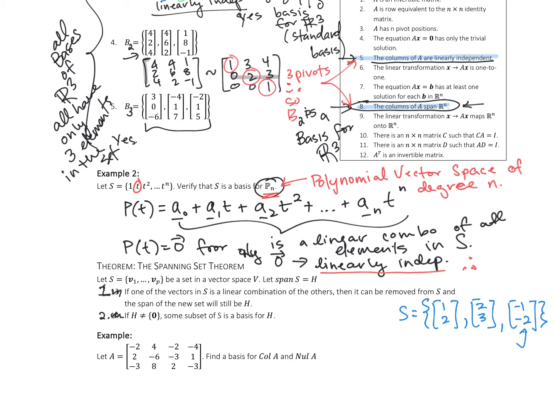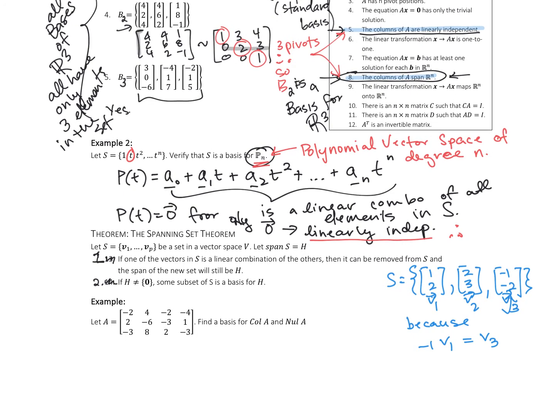Because I can get -1, -2 out of a linear combination of V1. So we'll call these V1, V2, and V3. Because -1 times V1 is equal to V3. Those two things are not linearly independent. They are linearly dependent, right? I can use one to get the other.